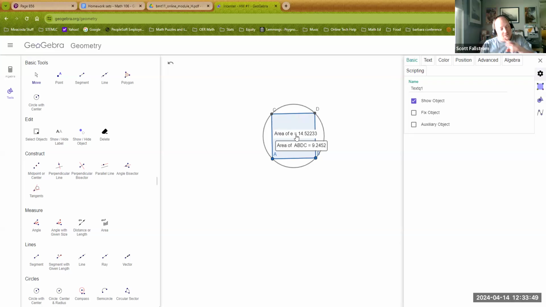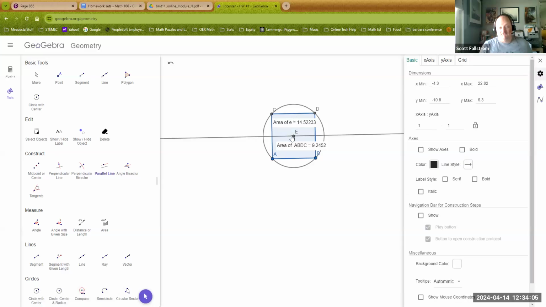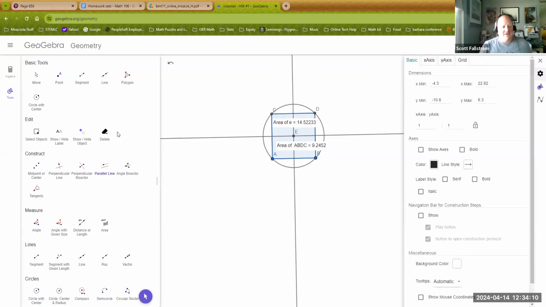I need a square that goes around this circle. Okay, well, how am I going to make that? I got an idea. Why don't I build a parallel line that goes through the center, and then I'll build a parallel line that goes through like this, and then I can create the points of intersection, because remember, I want my square to just touch, right?